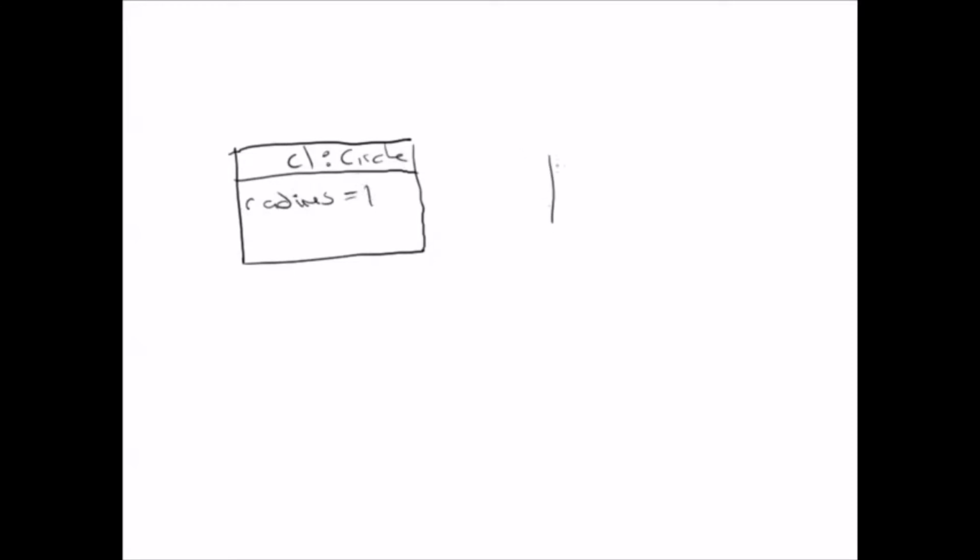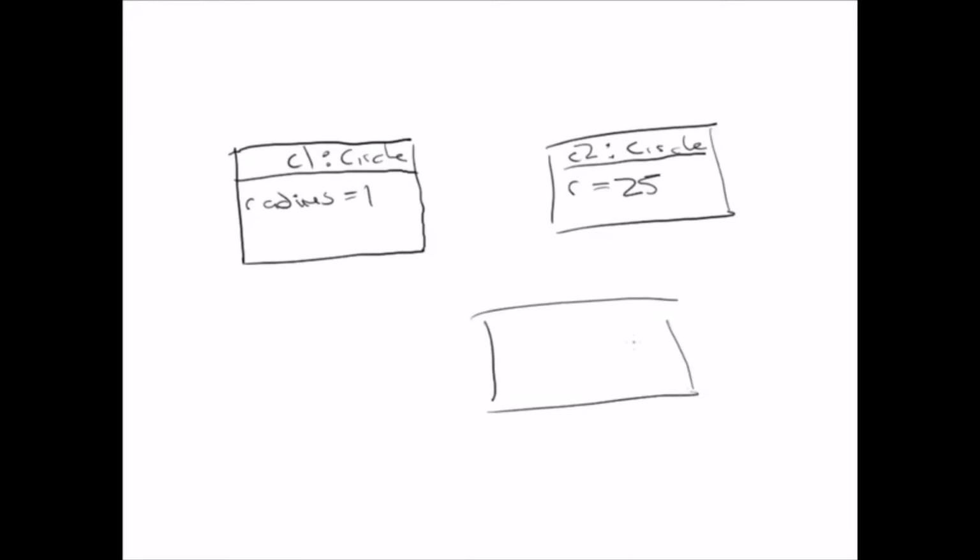We had C2, which was also a circle, with the radius equaling 25, and we had C3, which was also a circle, with a radius of 125.